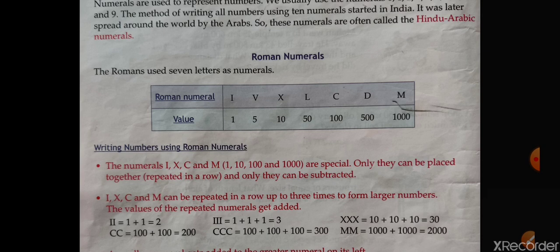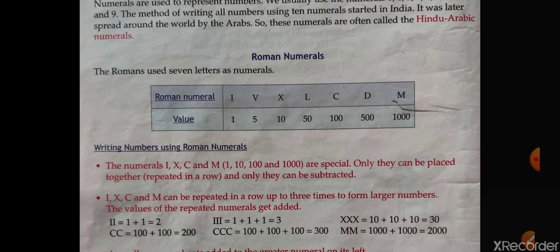Like 1 is already given, so 2, 3 and 4 were made by following some rules. 4 is also included in making the numbers. 5 6 7 8 and 9, these numbers were made by using the rules.